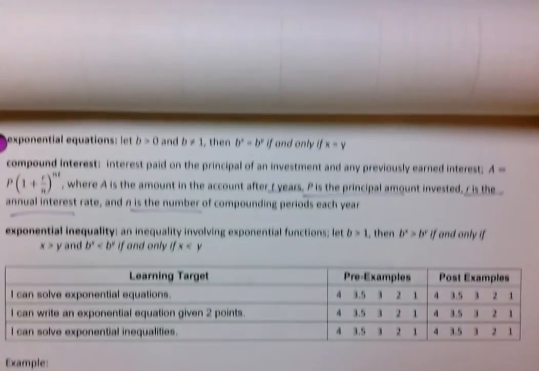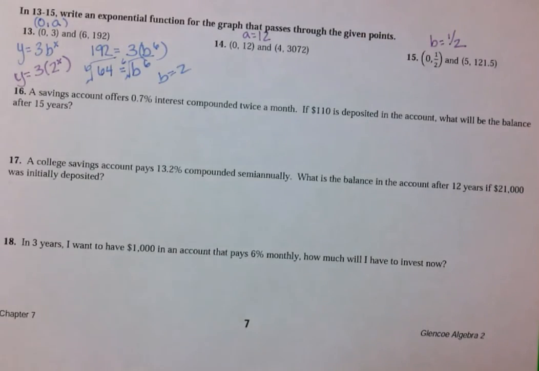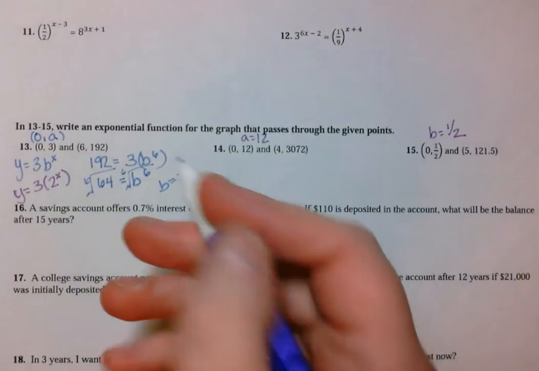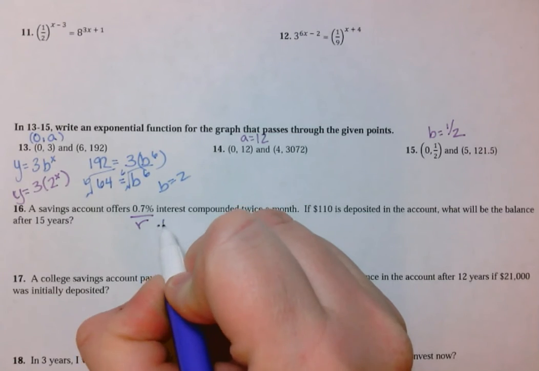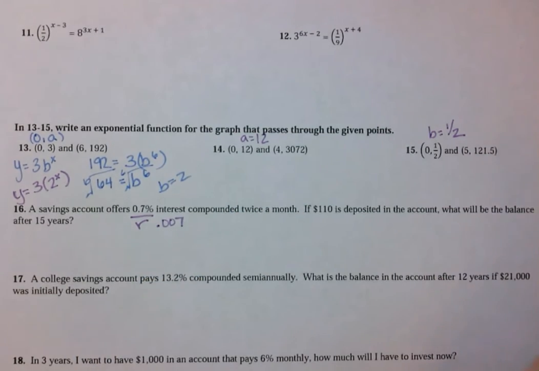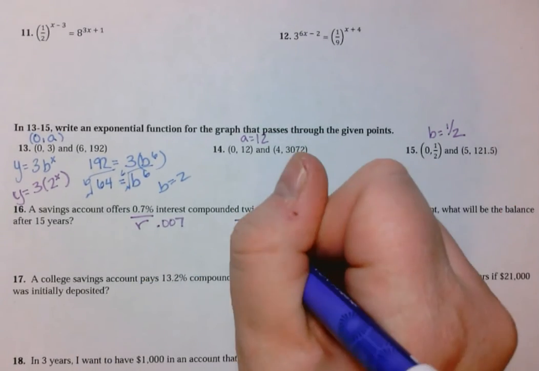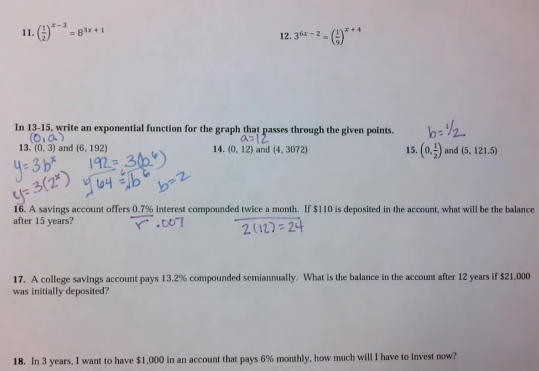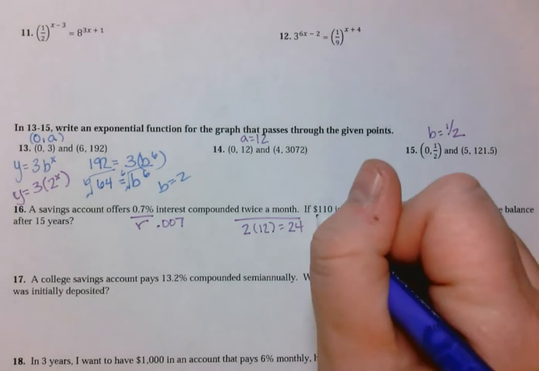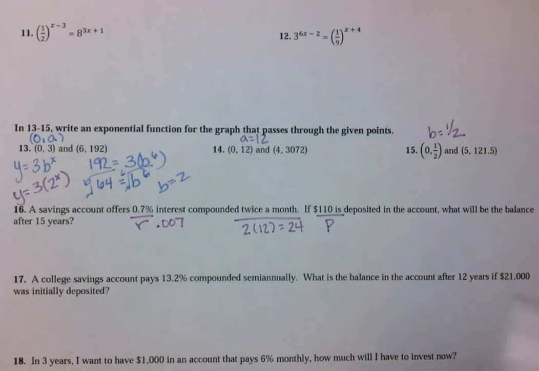So, in this case, this is my rate. As a decimal, it's going to be 0.007. It's compounded twice a month. So 2 times 12 equals 24. So 24 times in a year. This is my principal. And then T is here.